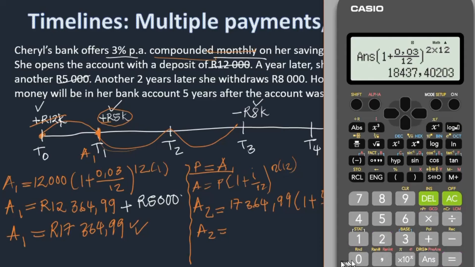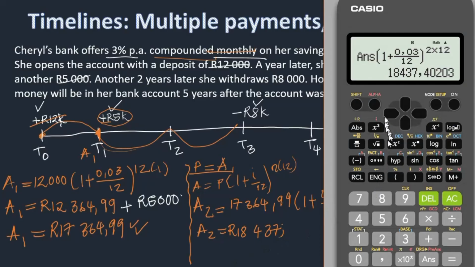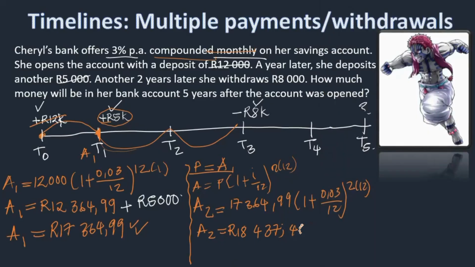This is equal to 18,437. Right? So let's take that. I'm having now 18,437.40. Do we see that?